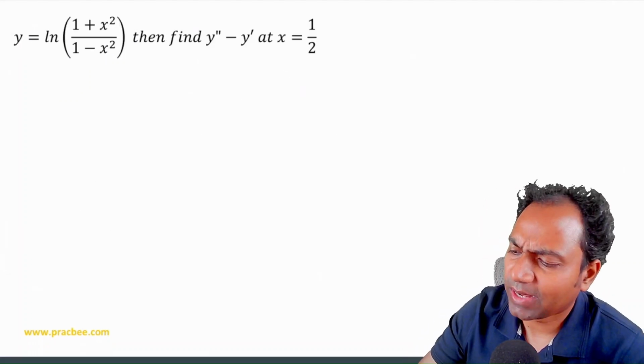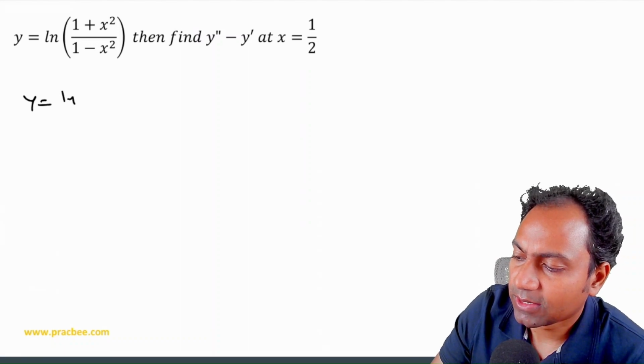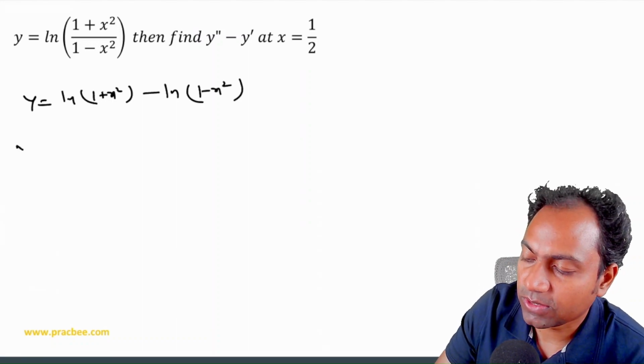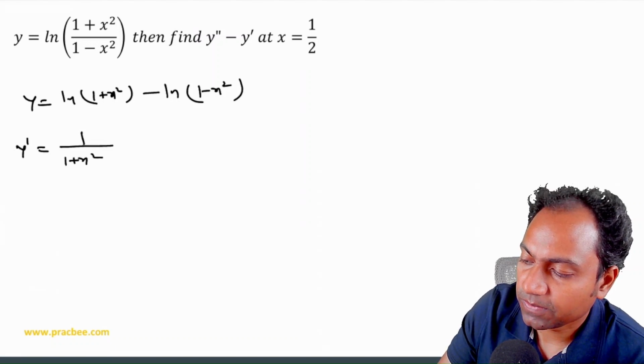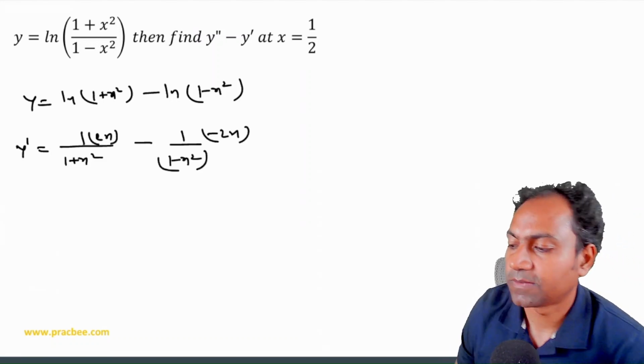Next question appears to be a very simple question based on differentiation. We can write this y as nothing but ln of 1 plus x square minus ln of 1 minus x square. If I differentiate, the first derivative becomes 1 upon 1 plus x square minus 1 upon 1 minus x square, and there is 2x here, and there will be minus 2x here as well.